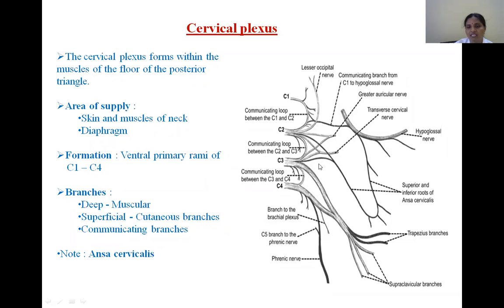These branches are the lesser occipital nerve, then transverse cervical nerve, supraclavicular nerve, then great auricular nerve. These are the nerves. Whereas communicating branches, you see, already it was discussed in the anterior triangle, the ansa cervicalis.